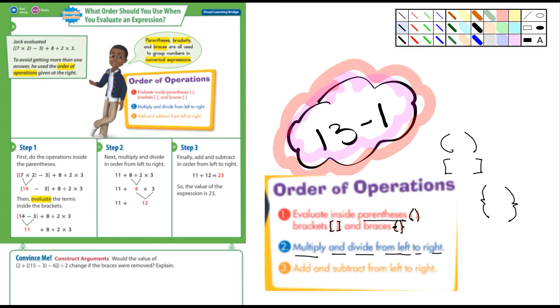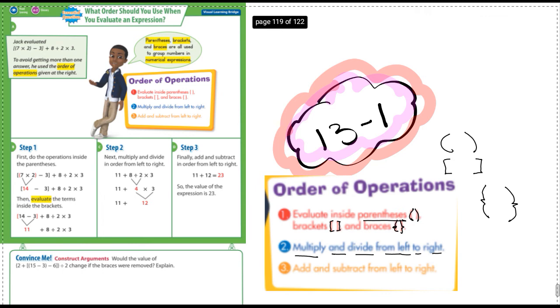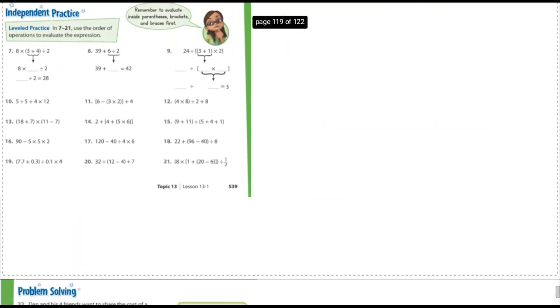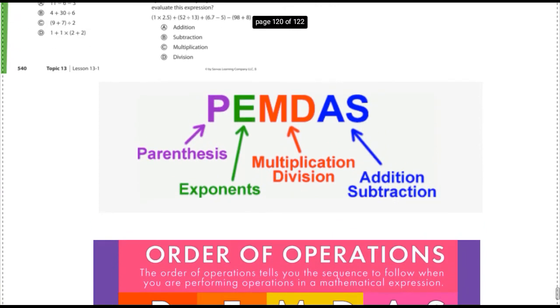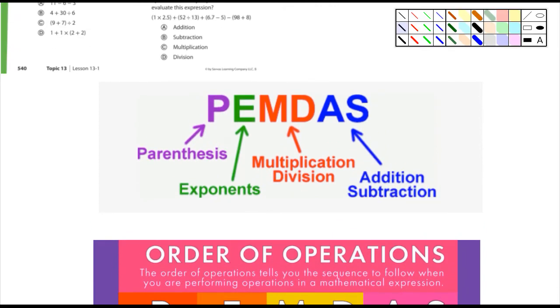Well, the order of operations, and I'm going to stop right there and scroll all the way down here. I'm going to show you guys something. It's called PEMDAS. And simply put, you do parentheses first, and that's the brackets and the parentheses and the braces.